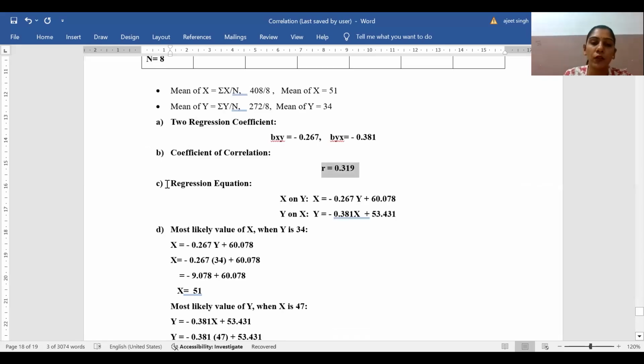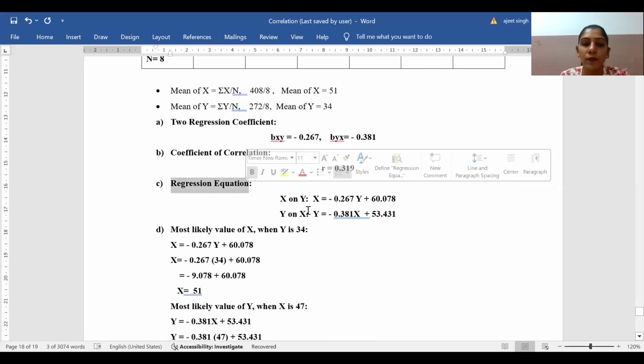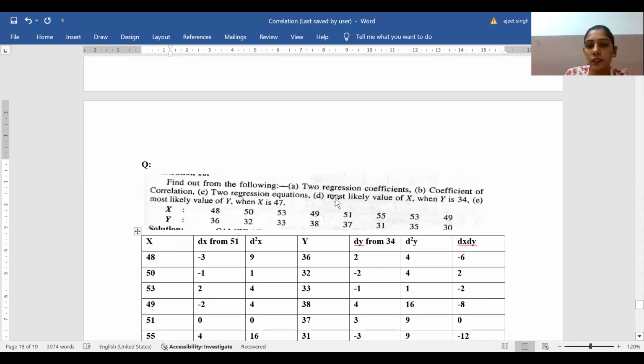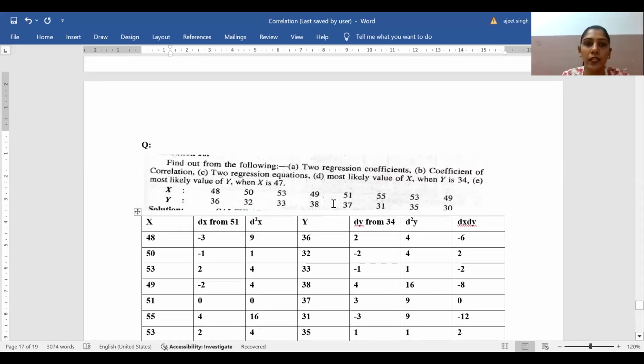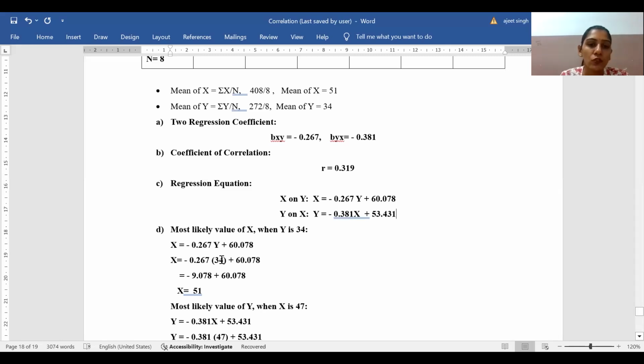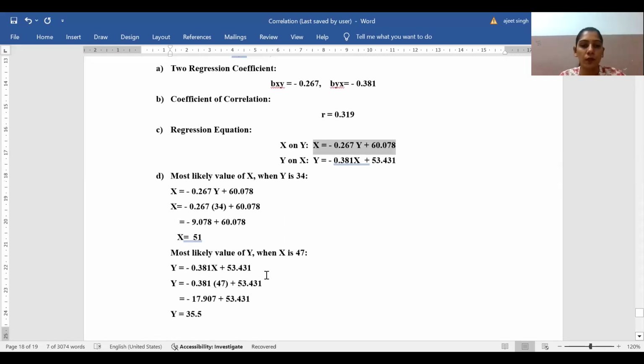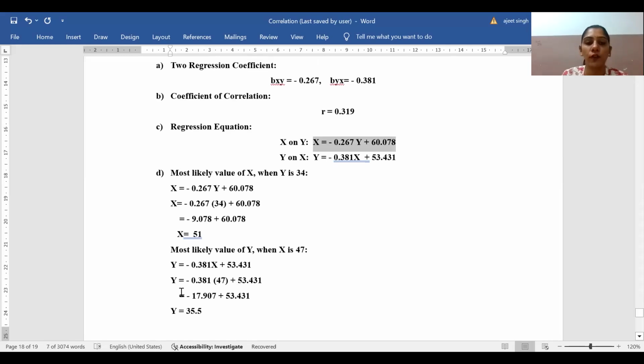Then we have calculated the regression equations for x on y and y on x, so we have two regression equations here. The last thing asked was to find the most likely values of x and y. So we have put the values of y and x in these regression equations, and with the help of that, we have calculated the values of x and y. So this is the question of regression.